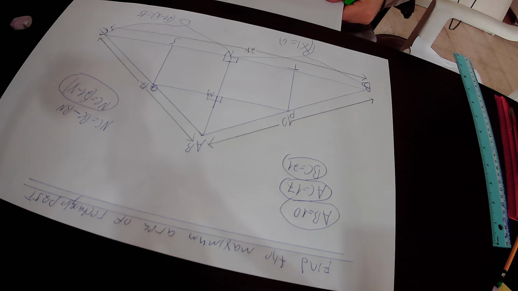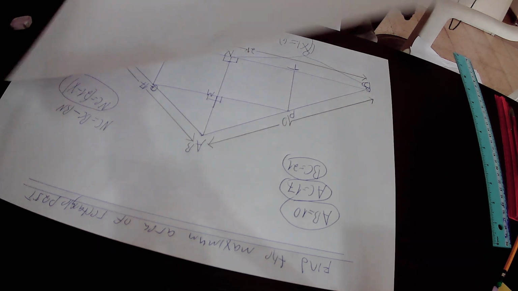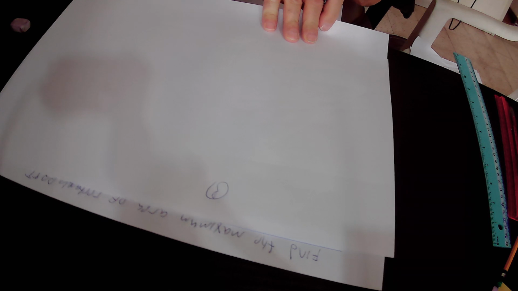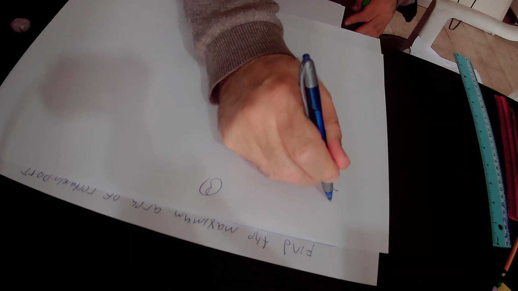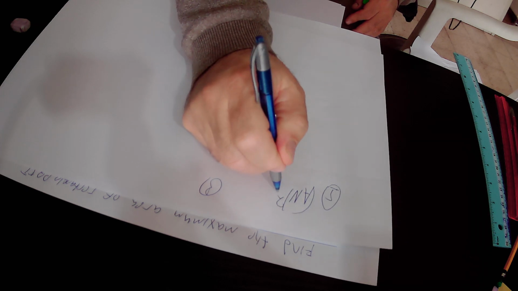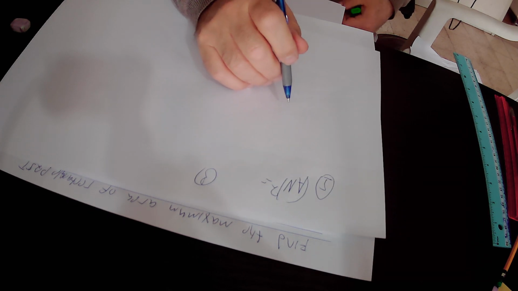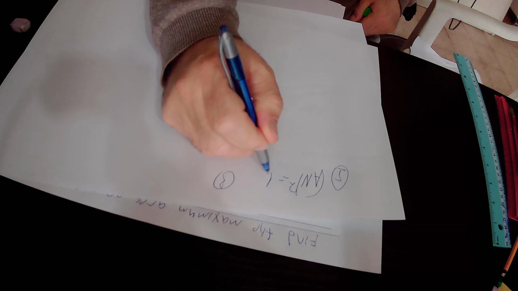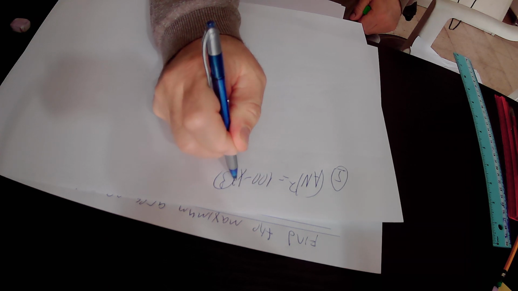According to equation 1, repeat again, according to equation 1, we found out that AN squared equals 100 minus x squared.